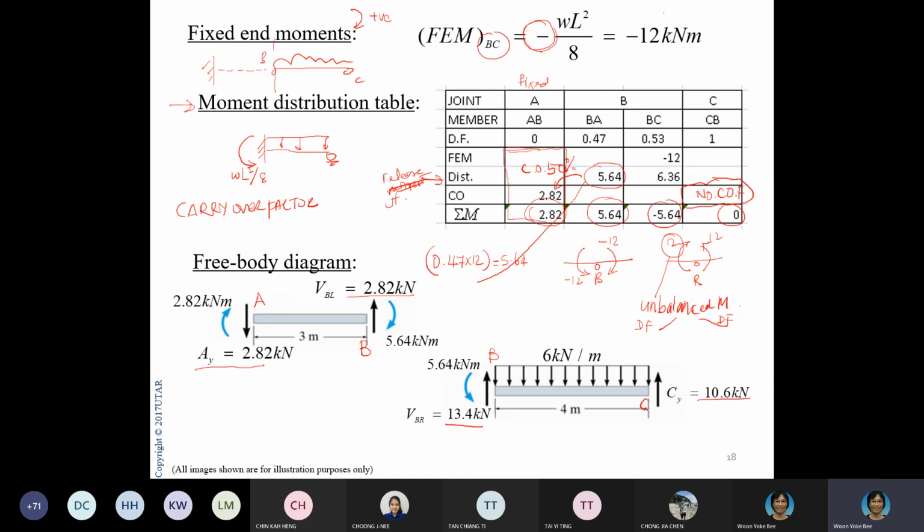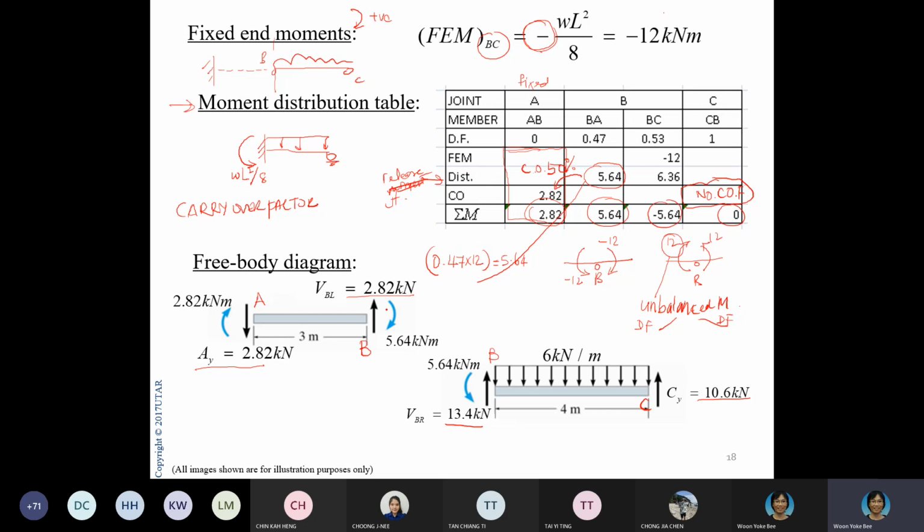So this is C. So BC, you have 5.64, but because this is negative, you know that it is in the anti-clockwise direction. So that's why I draw it this way. I turn the arrow to the anti-clockwise direction so that I get 5.64 anti-clockwise. And here was 0, so there's nothing. Okay, so this is how you establish your internal moments.